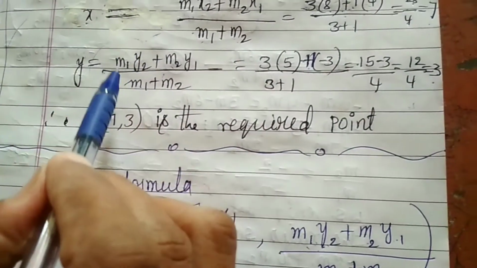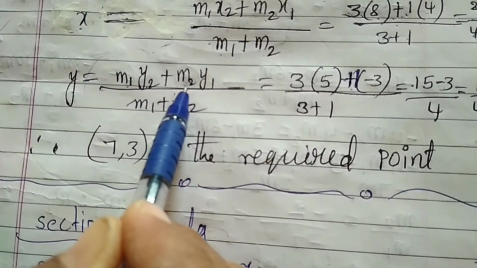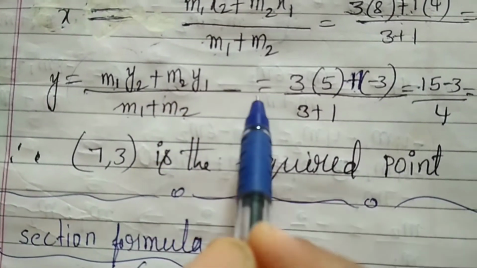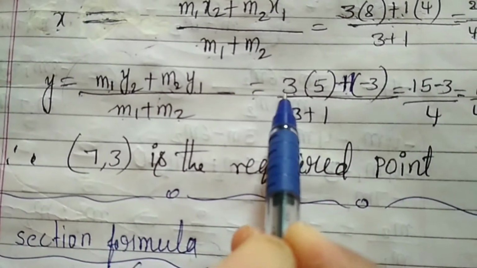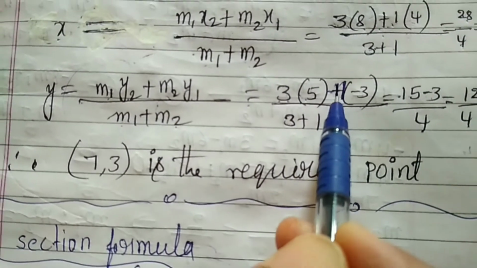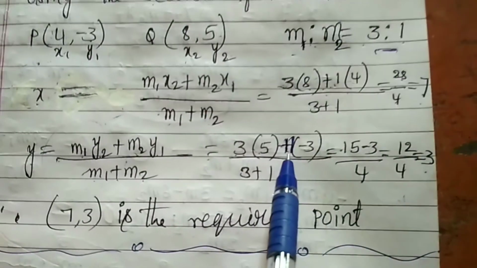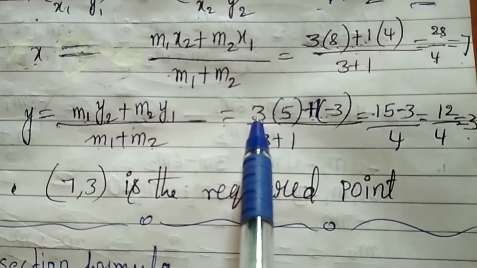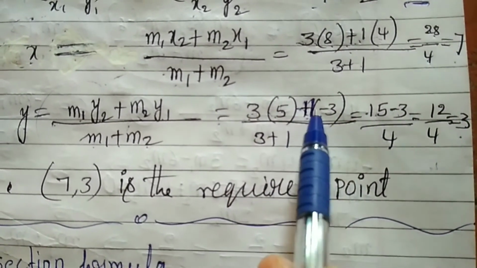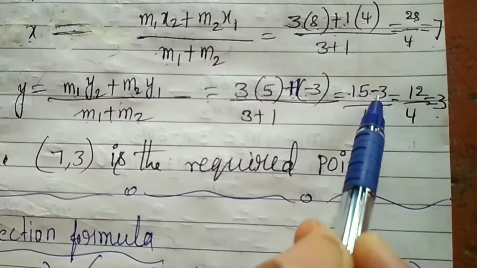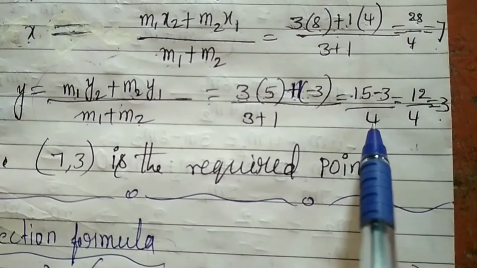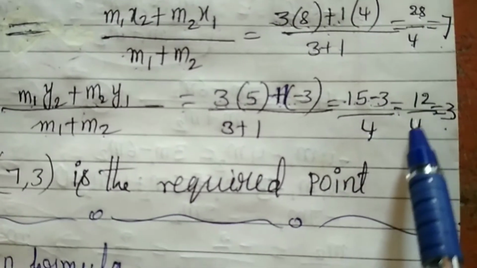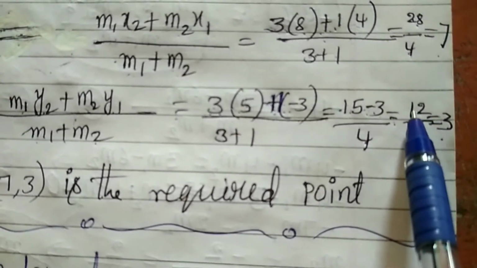We take y. Y is equal to m1 y2 plus m2 y1 divided by m1 plus m2, with m1 as 3, y2 as 5, m2 as 1, y1 as minus 3. 3 fives are 15 plus 1 into minus 3 is minus 3, divided by 3 plus 1 which is 4, equal to 15 minus 3 which is 12, divided by 4. 4 threes are 12.